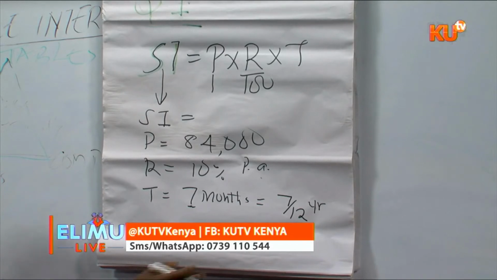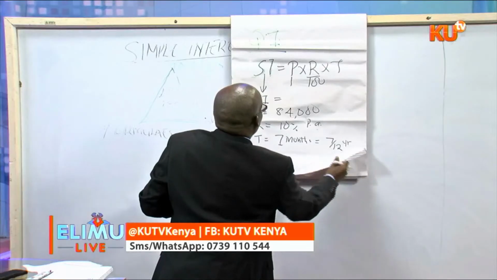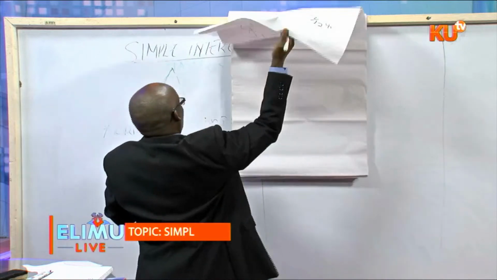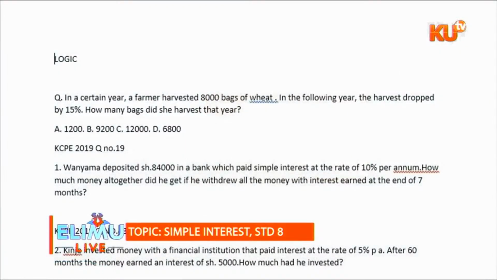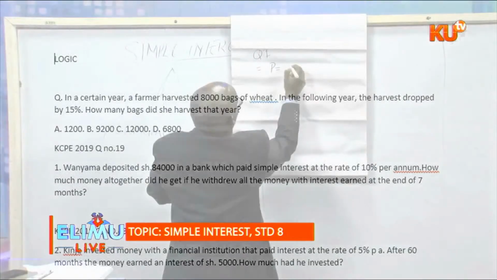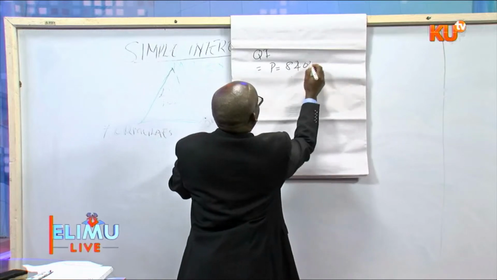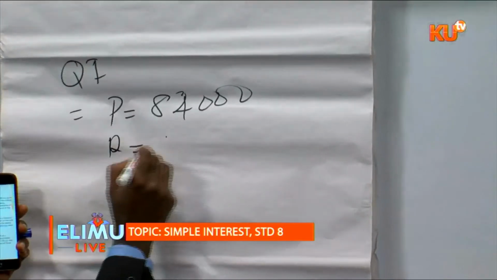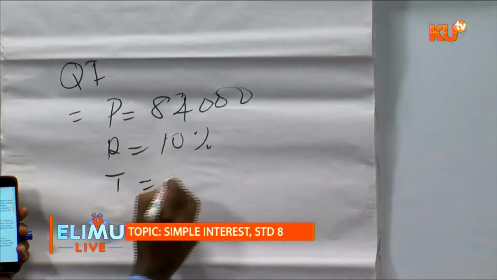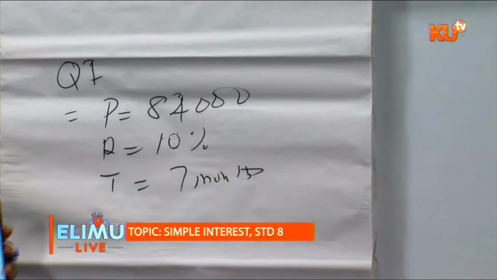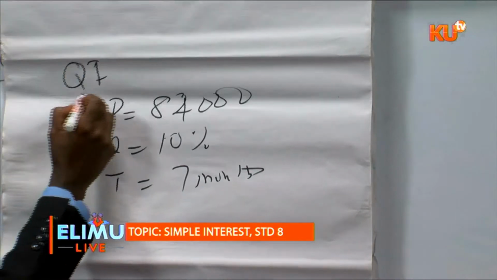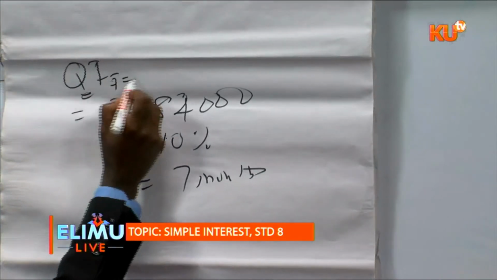After that, we have our question interpretation here, whereby you have said that the principal is 84,000. We have the rate 10%, time 7 months. But interest is not given.